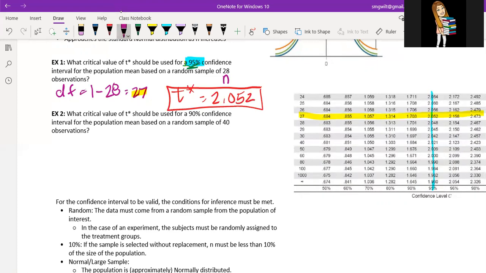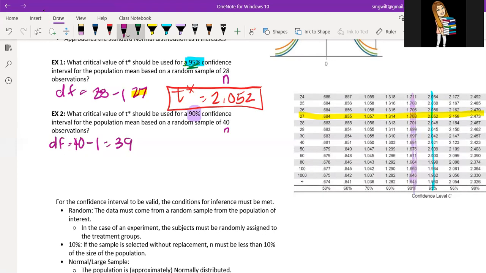In the next problem, if I want a 90% confidence interval, so I'm looking at this column here, for the population mean based on a random sample of n equals 40 observations, my degrees of freedom is going to be 40 minus 1. Sorry about that, I wrote it backwards. That's going to give me degrees of freedom of 39.